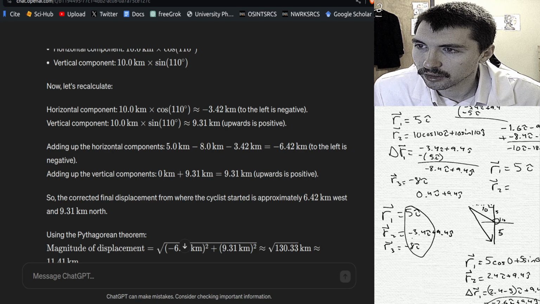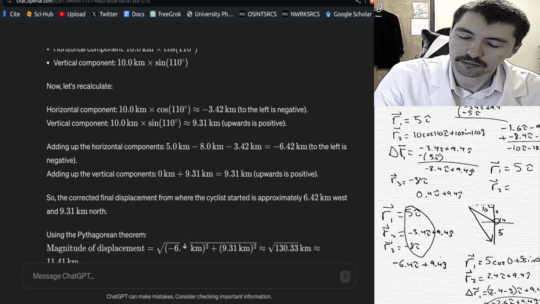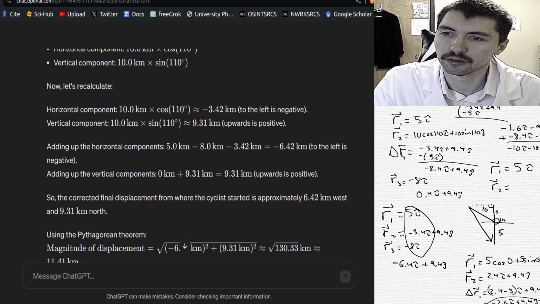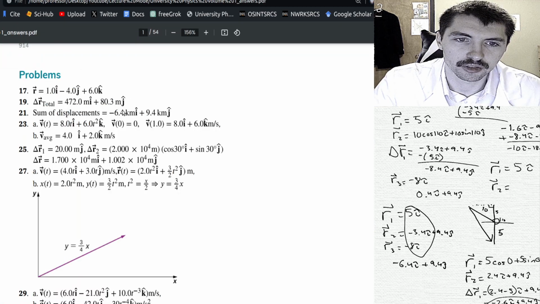So we can see this is negative 11 plus 5. That's 6.4. Negative 6.4, 9.4j. So I mean that matches what the book's getting.